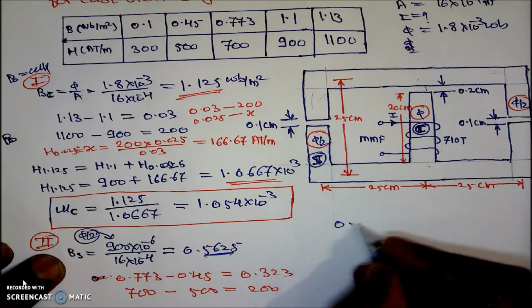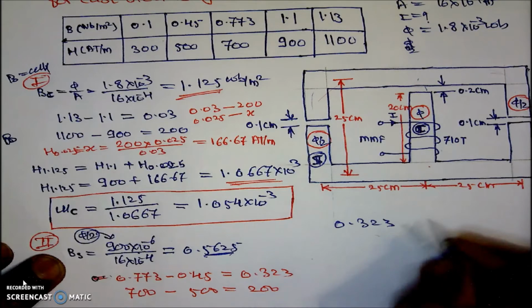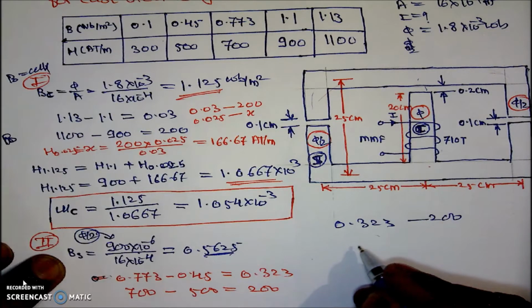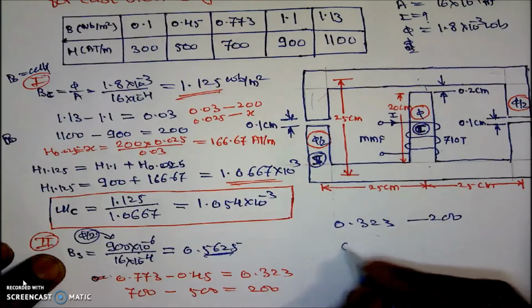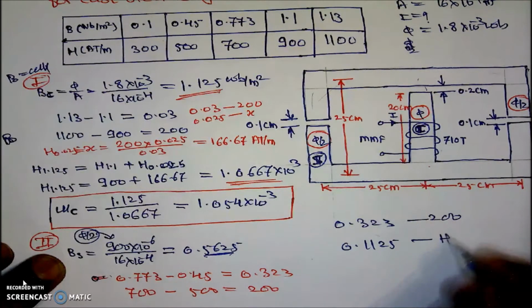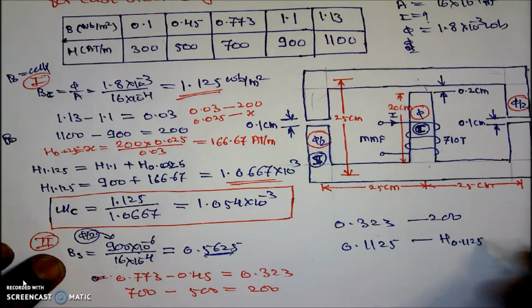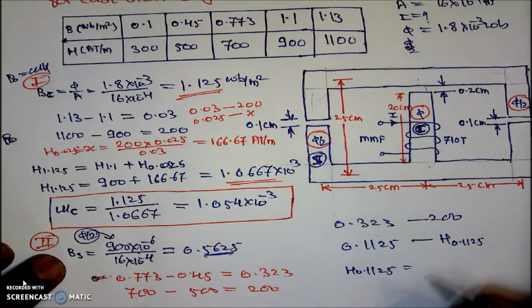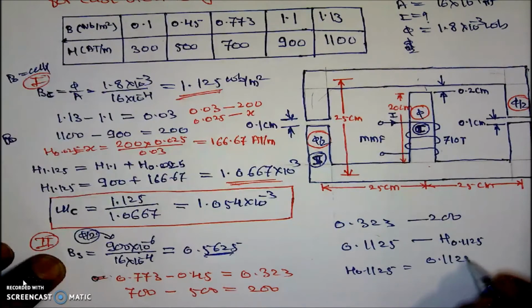Means here for 0.323 variation, h is 200, and for this much, how much? For 0.1125, how much will be the h? That is 0.1125, and this value of h at 0.1125 is equal to 0.1125 into 200 divided by this 0.323.